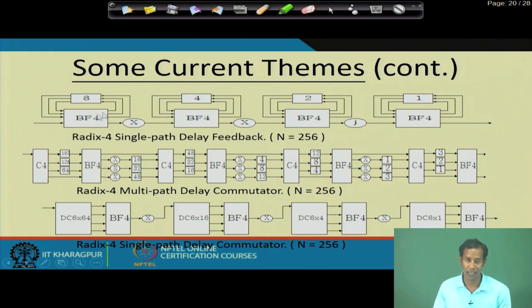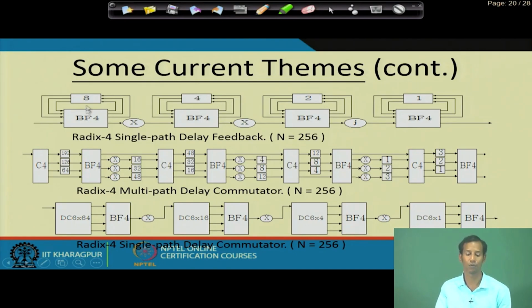But here, if we can design one circuit for these two trade-offs, where some portion is serial and some portion is parallel, the requirement for processing elements will be 4 in this case. The time requirement will be such that this is running 8 times, this 4 times, this 2 times, and this 1 time.